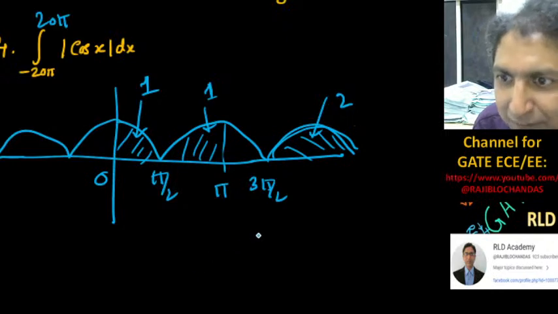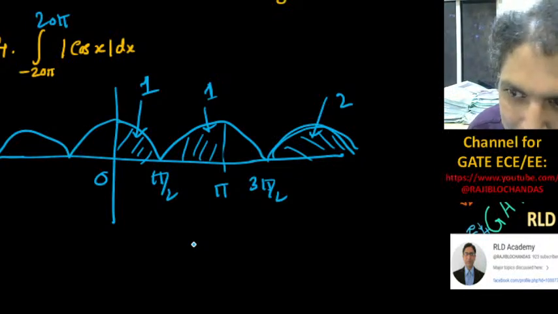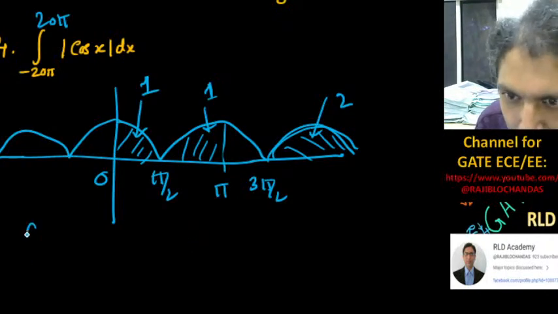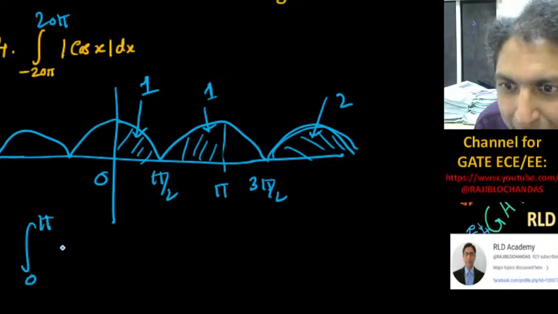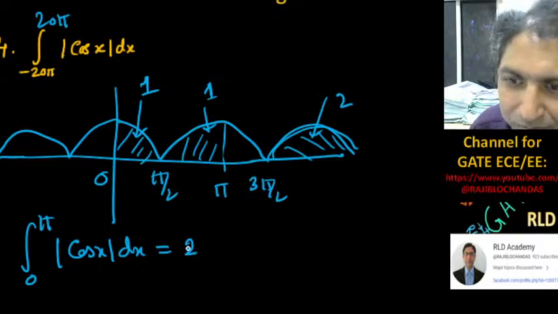or 0 to pi it is this one. So these kind of loops you can understand how many loops are there. 0 to pi total area. So what I want to mean, integral 0 to pi mod cos x dx, its value is 2.